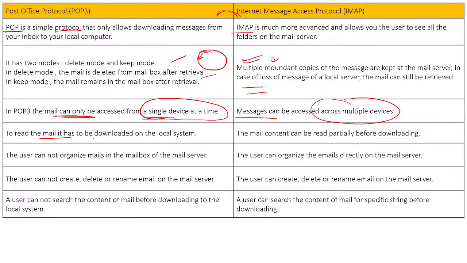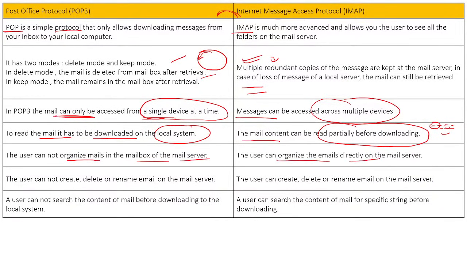In POP, the mail is downloaded into the local system, and mail content you can partially see before downloading, because whenever any new mail comes, you can see some lines, like where the mail came from and the first part of the body, before clicking, before downloading also. Is it or not?